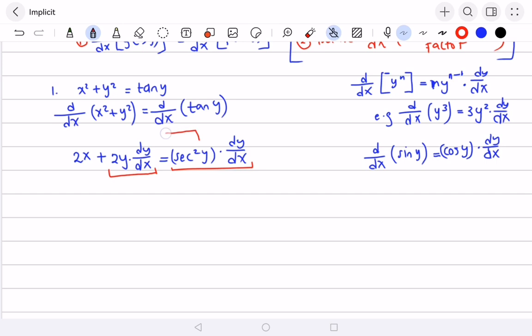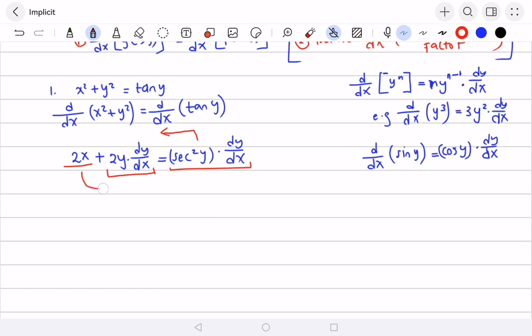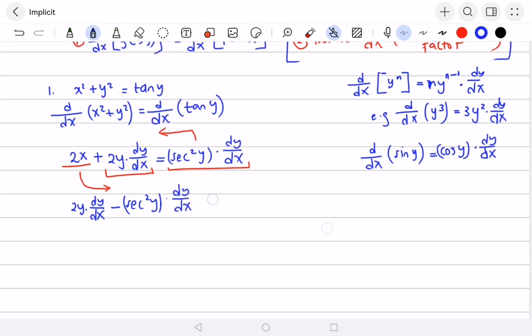So you take this one, you move it to the left-hand side, and this one, which does not have dy over dx, you move it to the right-hand side, right? So on the left-hand side, you're going to have 2y multiplied by dy over dx, minus sec squared y multiplied by dy over dx, and this equals minus 2x.